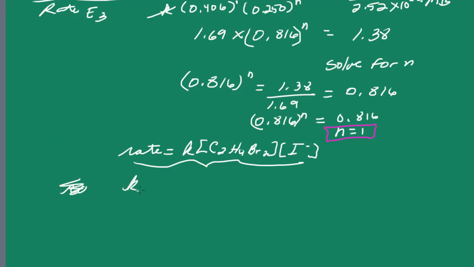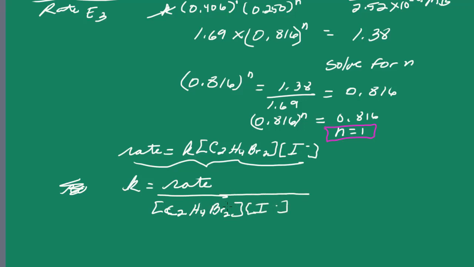So K is going to be equal to the initial rate over the concentrations of the reactants. So the 1,1-dibromoethane and the iodide ion.